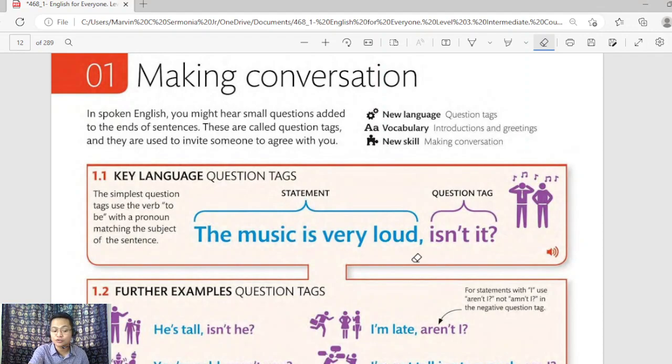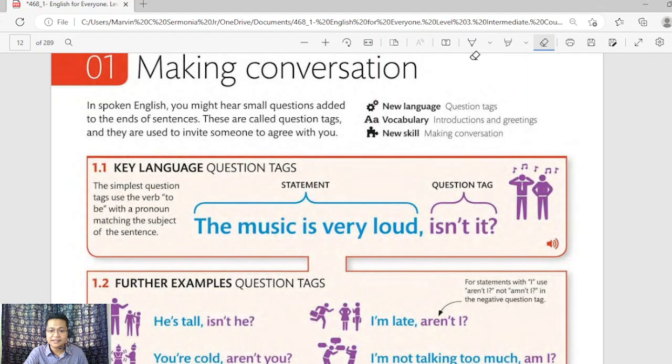One way to become a good communicator is knowing how to make use of question tags, because this will show that you have interest in the topic that you're talking about, and this will also keep your conversation going. So, take a look at this example below.